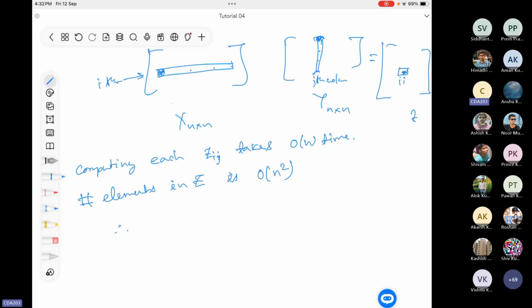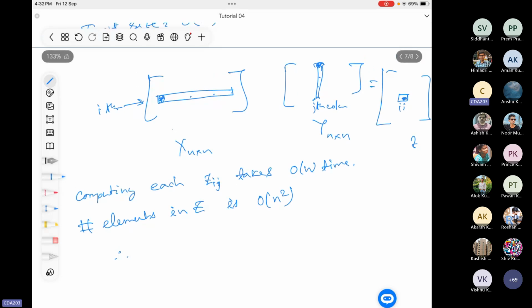So what I'm saying is that you're multiplying this number and this number. This multiplication takes constant time, but how many multiplications are happening in here? Order n multiplications, because the number of elements in a row of X is n, and the number of column elements in Y is n.